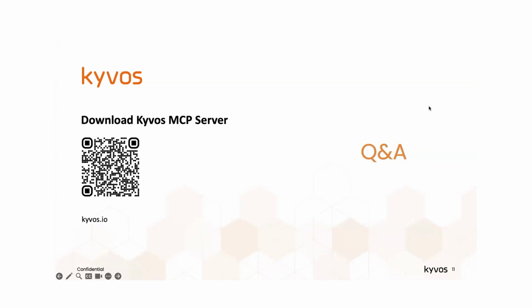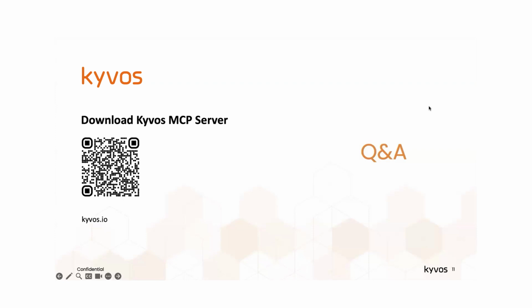Taking an example, if MCP is not there and I'm developing a Gen AI app where I need to fetch data from Kyvos server, instead of focusing on developing the Gen AI app, I would first need to focus on how to fetch the data from Kyvos server.